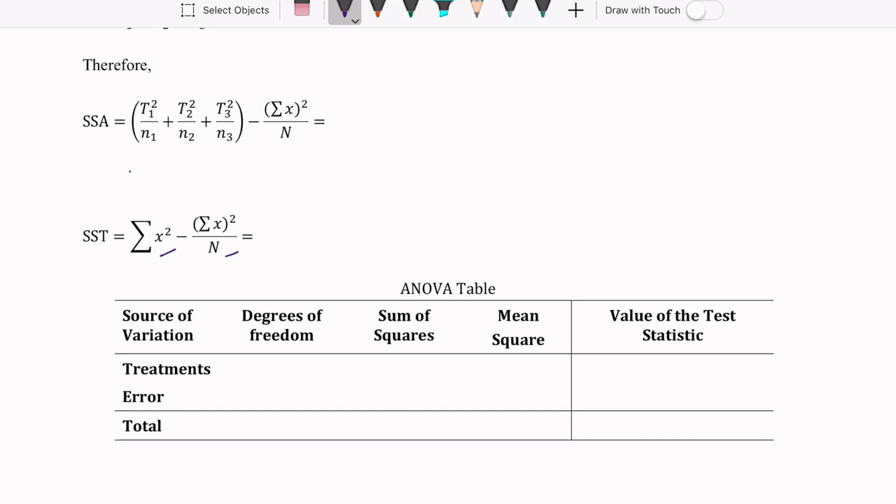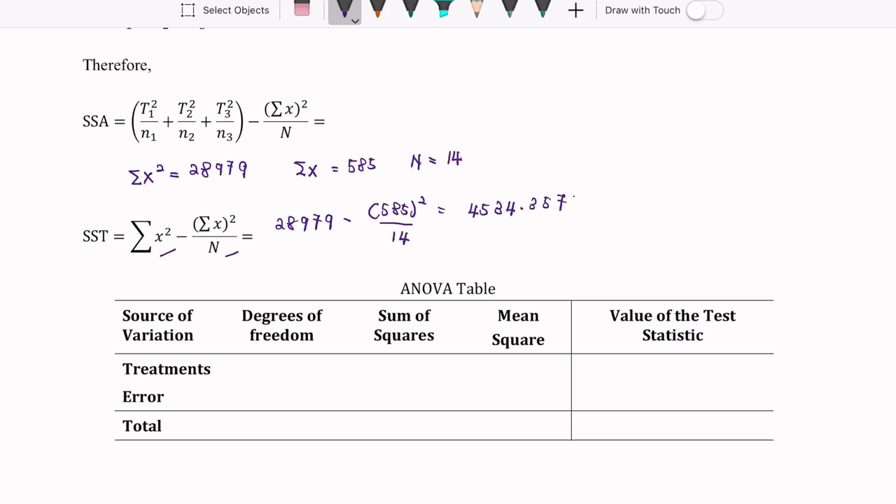By using the calculator, you will have the value of summation x squared equal to 28979, summation x is 585 and capital N equal to 14. You replace all this information into the formula, then you have 28979 minus 585 squared divided by 14. You will have 4534.3571.